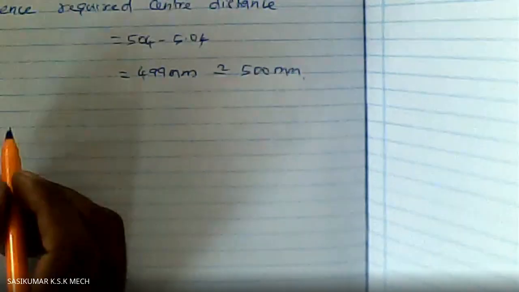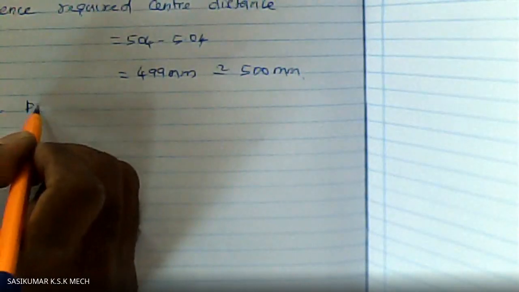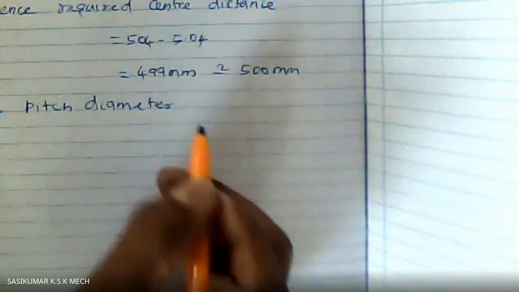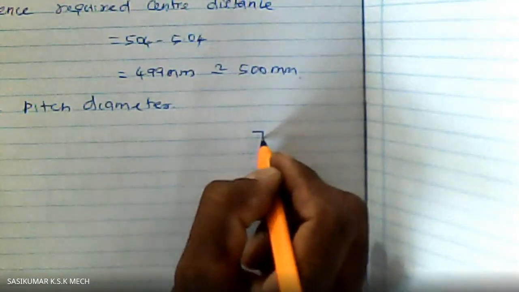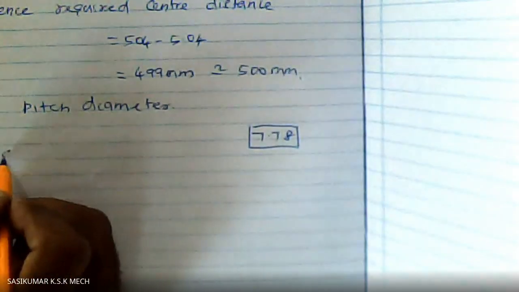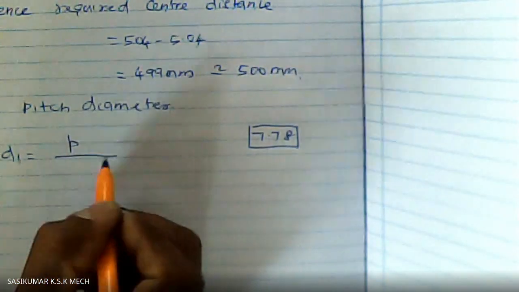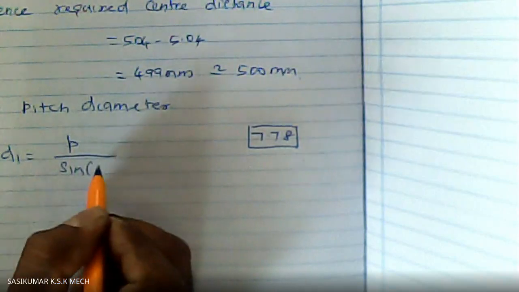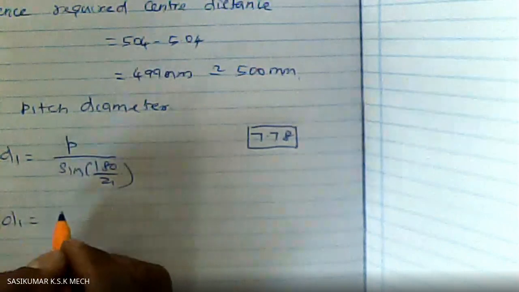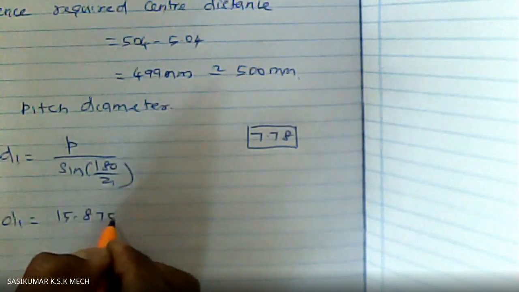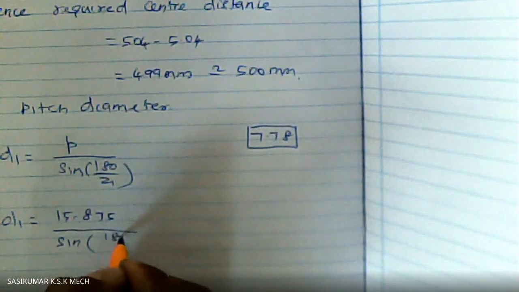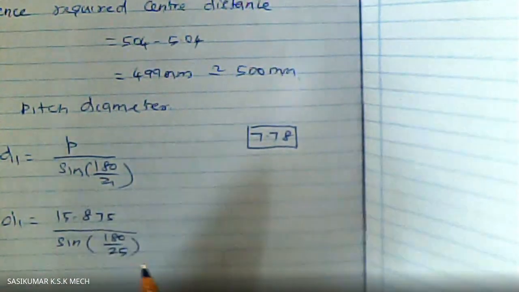Okay, so the eighth step is pitch diameter. The relation for this is available in page number 7.78. D1 is equal to P divided by sine of 180 by Z1. So now D1 is 15.875 divided by sine of 180 by 25.